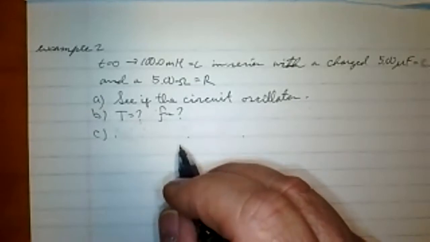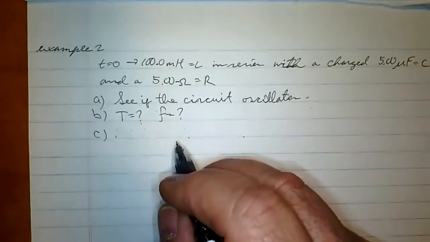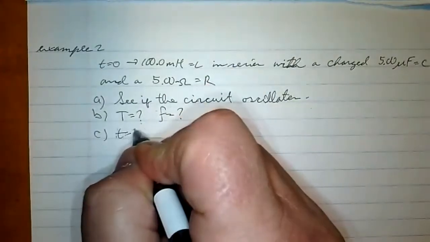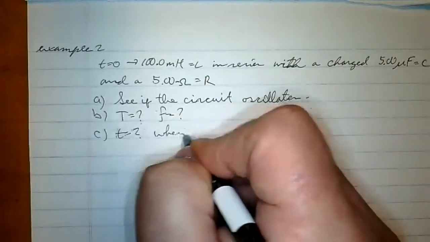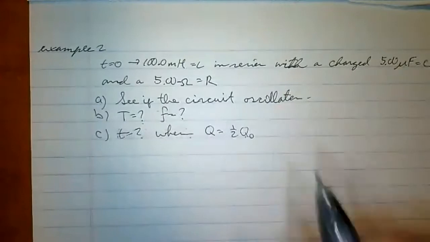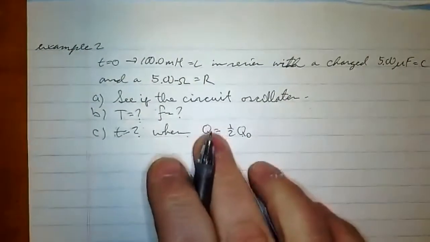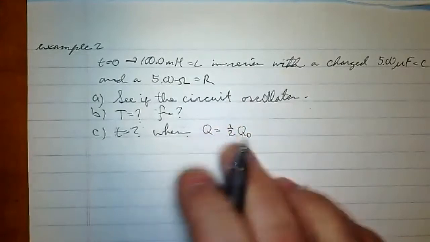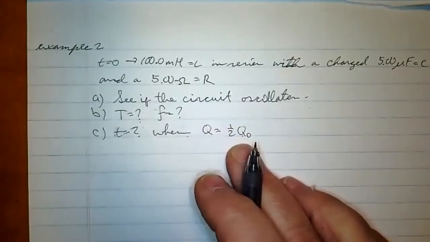C, I want to see how long it takes to drop the charge to half its value. So I want to say T equals question mark when Q is equal to 1/2 Q0. So in other words, I want to see how long it takes to drop the capacitor charge from Q0 to 1/2 Q0.